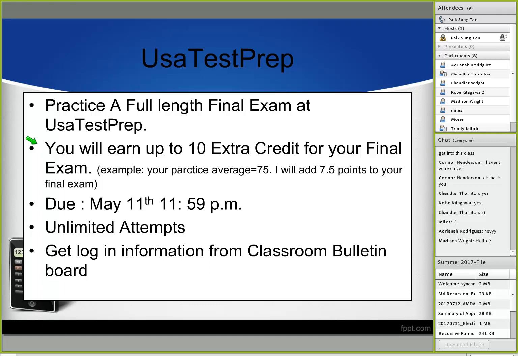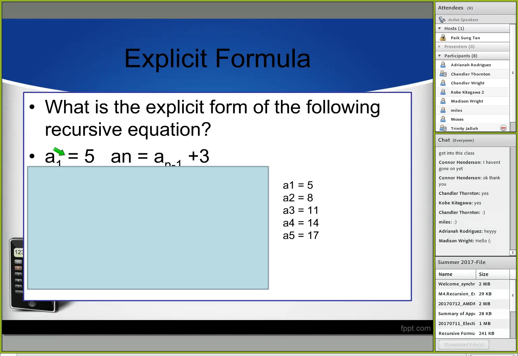So please complete them before tomorrow midnight. The date is July 13, tomorrow, and for the extra credit attempt at USA Test Prep, you can do one attempt and retry missed questions.